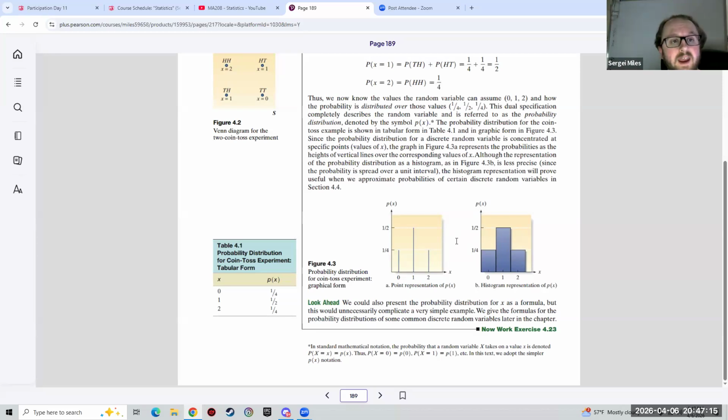Now I can create a fractional or a decimal percentage likelihood probability assigned with that value of x for that random variable. All right. So this histogram stuff we saw back on test 1, this is going to come back to get us here in chapter 4 and chapter 5.